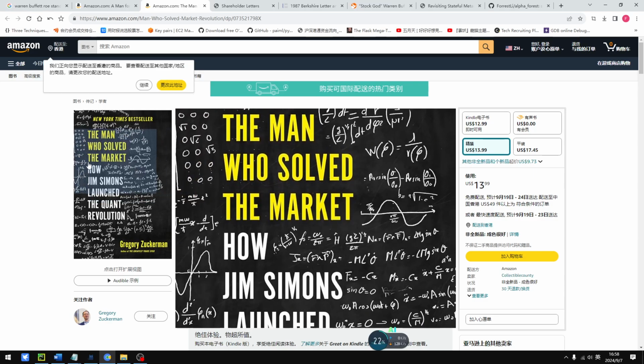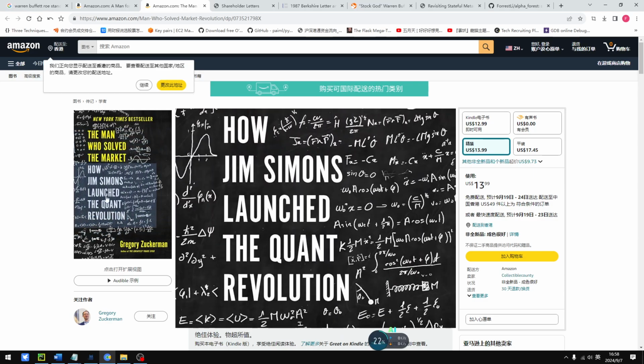In this book, it also mentions that these guys had already applied very early stage machine learning techniques, trying to use similar historical environments to predict the odds of proper trading, proper investments.